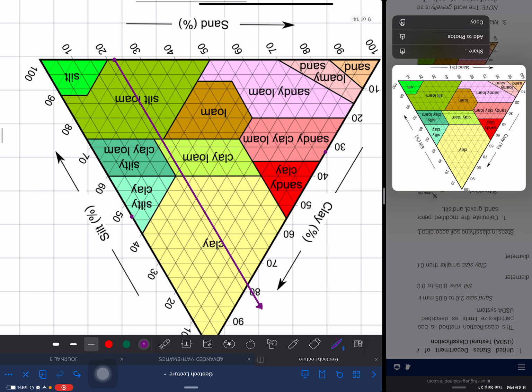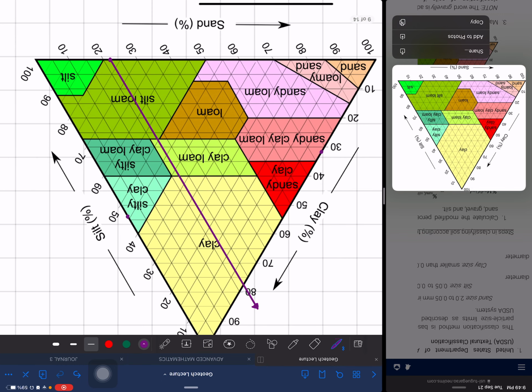And then next is yung silt naman. Ito, pababa ito, kasi the point here is that we're going to intersect the three. As much as possible, dapat mag-intersect sila. And then, ito naman is horizontal.